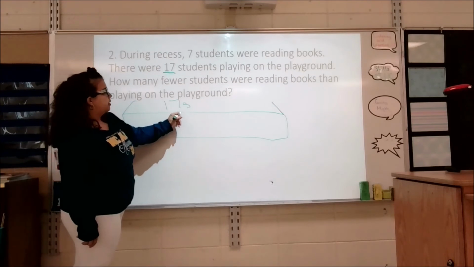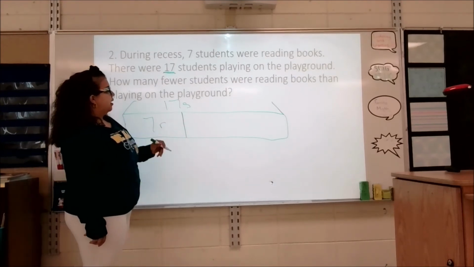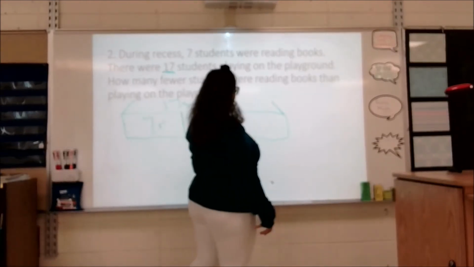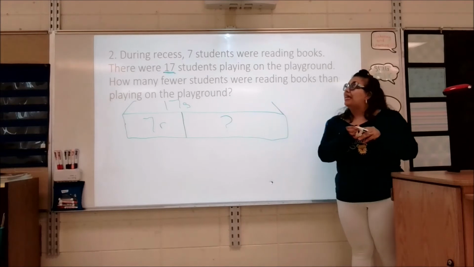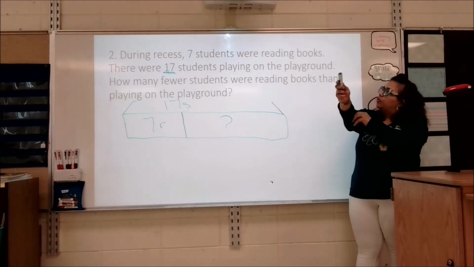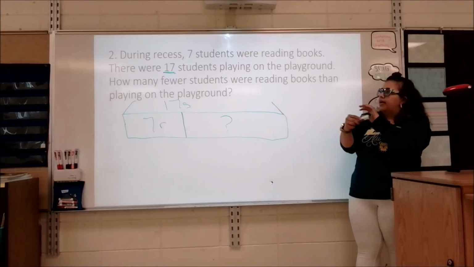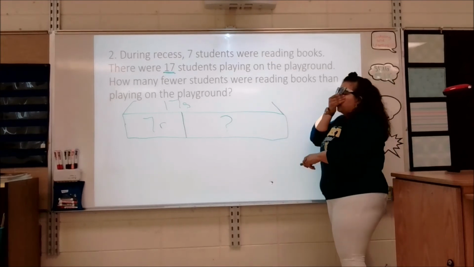It's a smaller part of 17. 7 are reading. We want to know how many of these students on the playground are actually playing. The reading is great, they want to read, that's great during recess, yes. But how many are right here in this space?